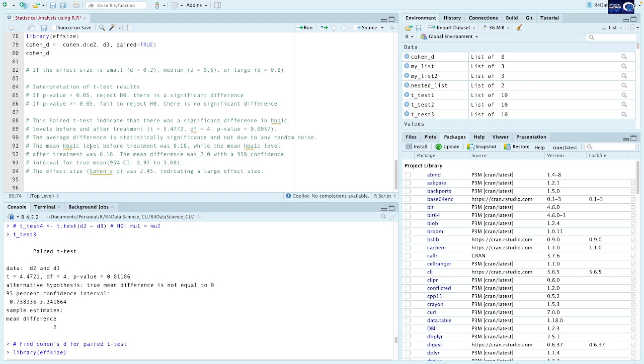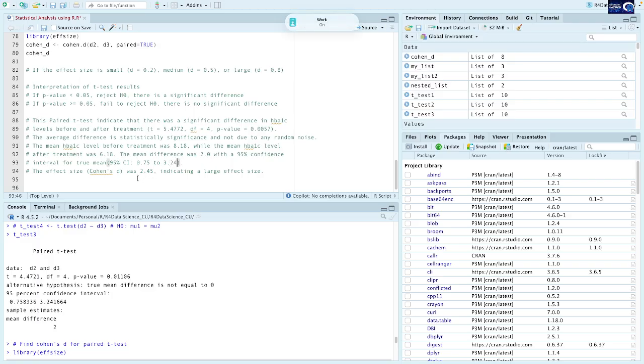And the mean HbA1c level before treatment was 8.85, while the mean HbA1c level after treatment was 6.18, and the mean difference was 2, with a 95% confidence interval for the true mean, that is the actual mean, and that is 0.75 to 3.24.